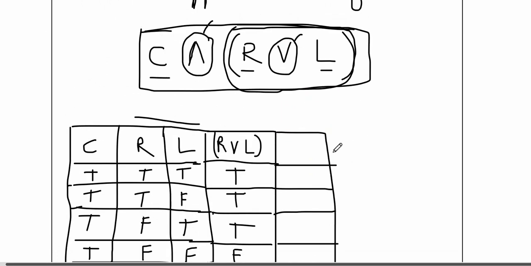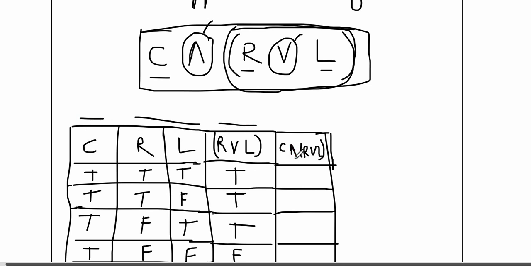Now the table we'll be creating will be for the entire symbolized form of the statement. So now we have C and R or L. Here we have C and here we have R or L, and we have the AND symbol.